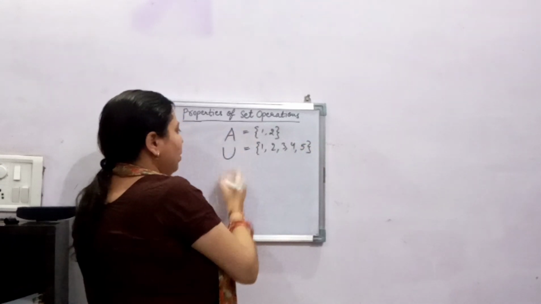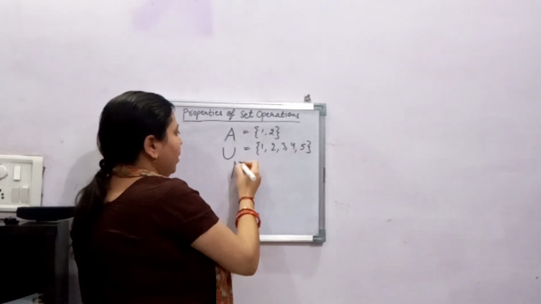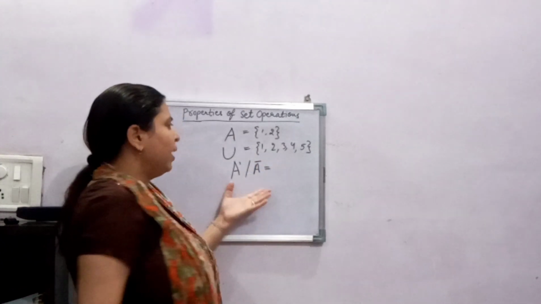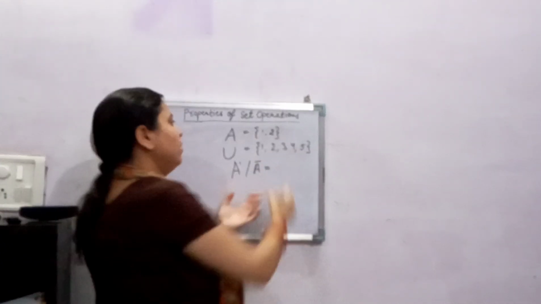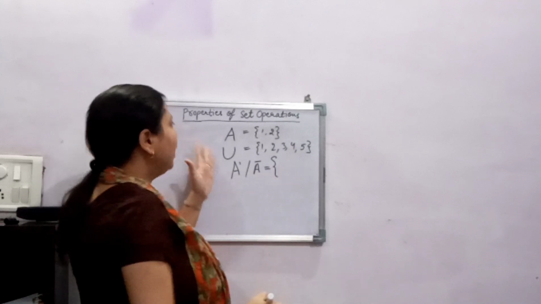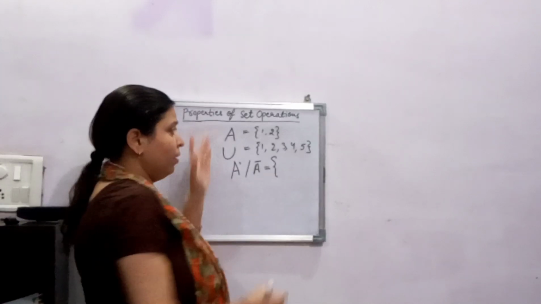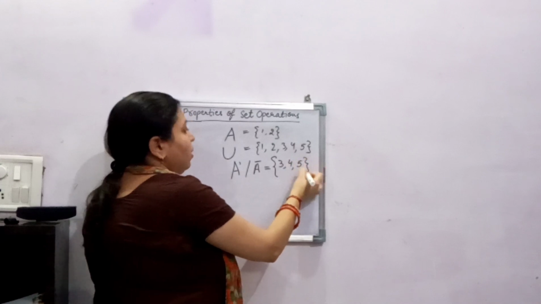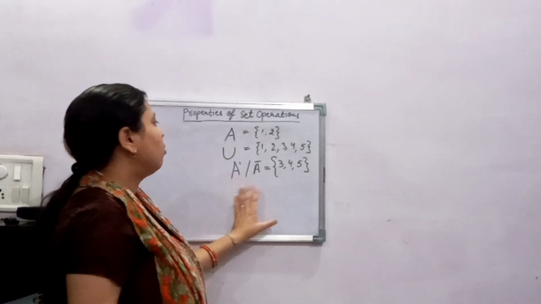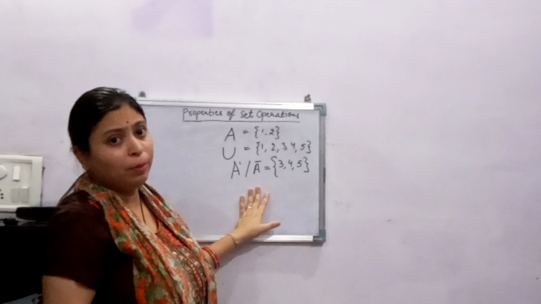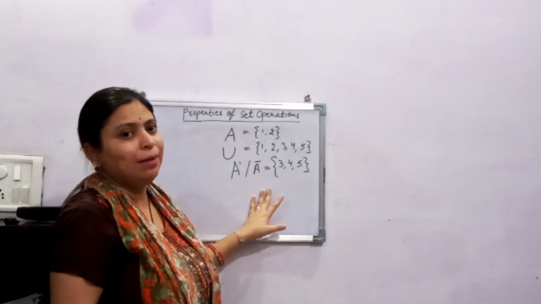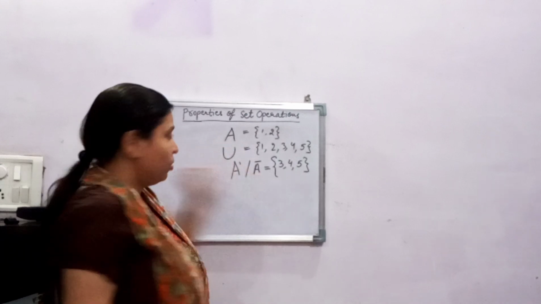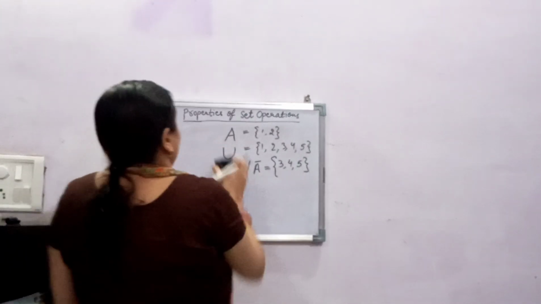Then A complement, which is denoted by A dash or A bar, contains all the elements which are in U but not in A, and these are 3, 4 and 5 in this example. Complement of A does not contain the elements which are in A, but it contains the elements which are in U. So this is the complement of A.